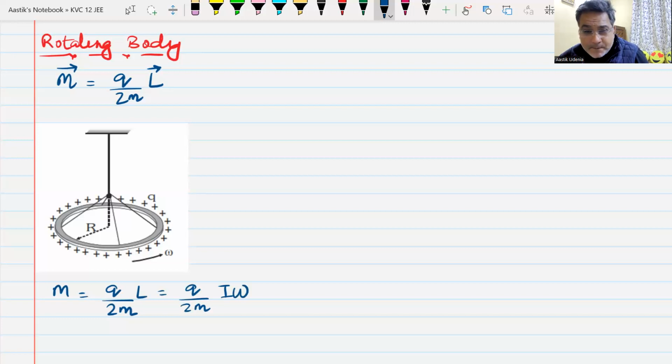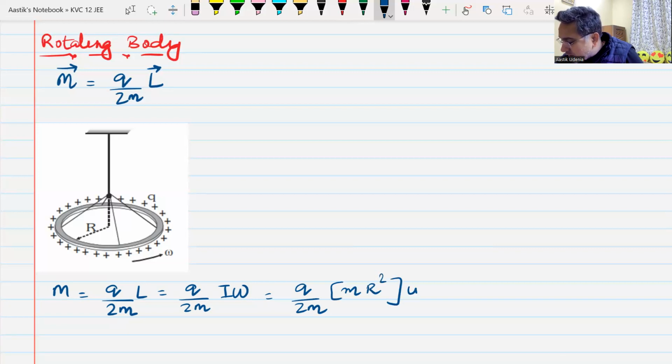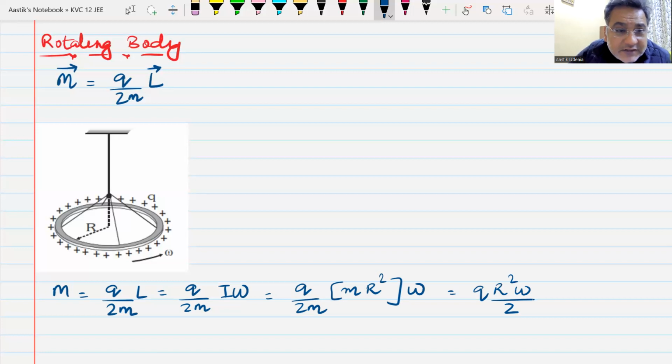Moment of inertia. Moment of inertia of a ring is mr square. So in this case, the answer will become q by 2m into m r square into omega. So the final answer will become q r square omega by 2.